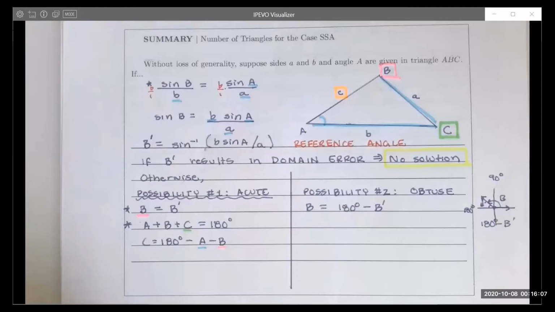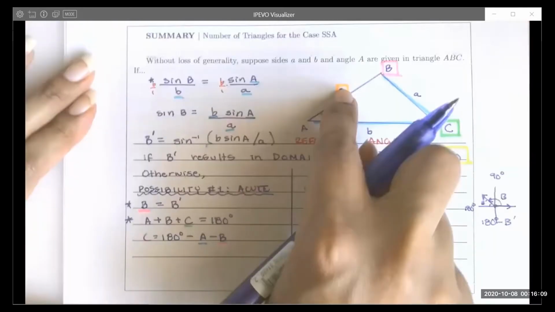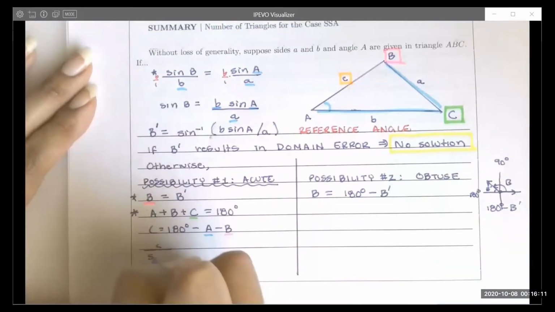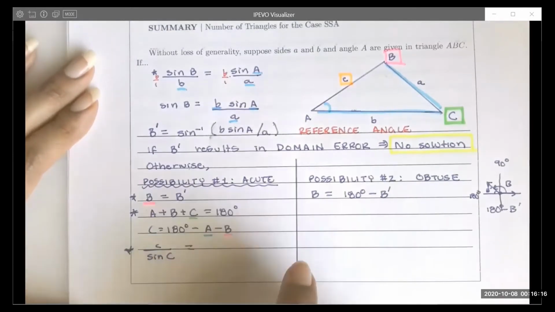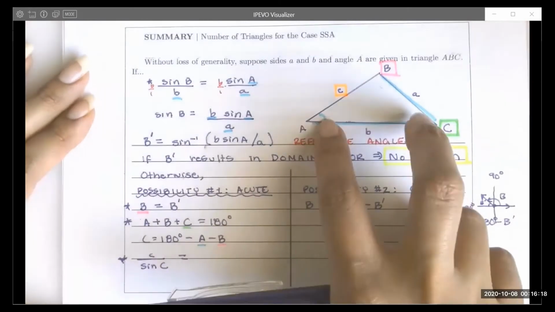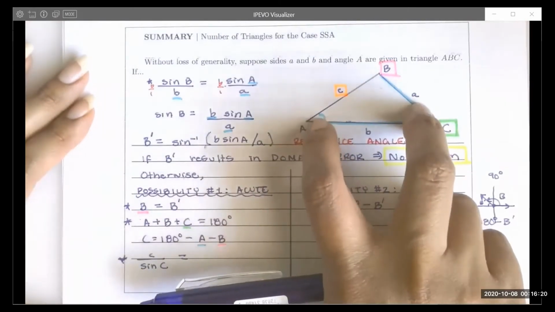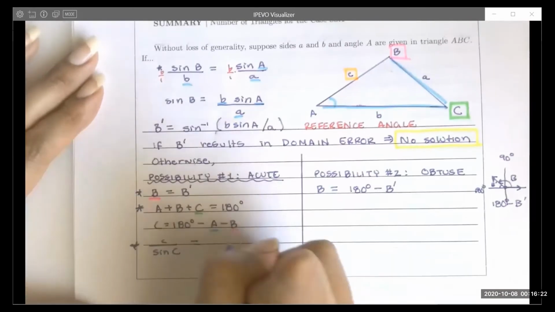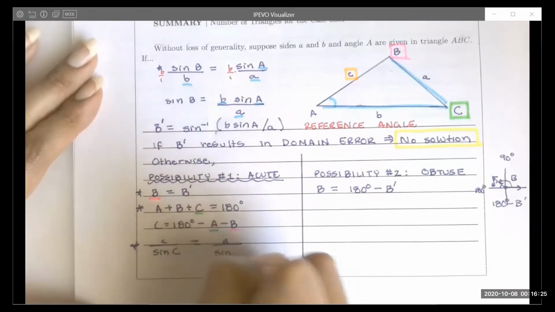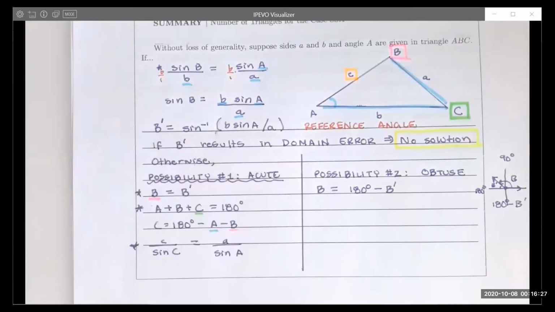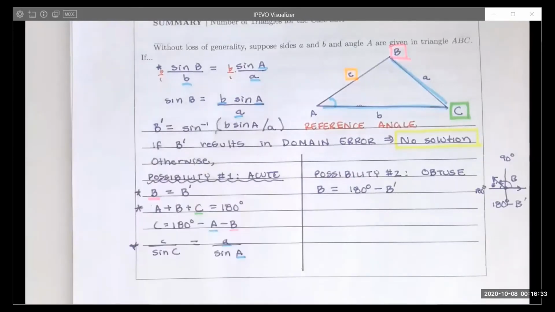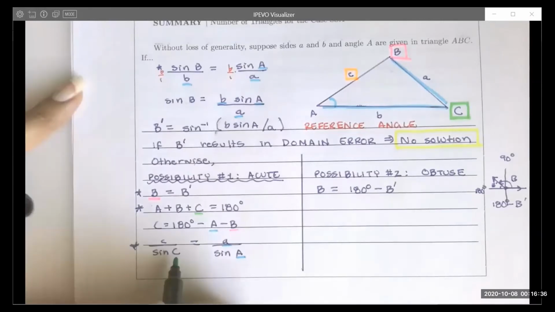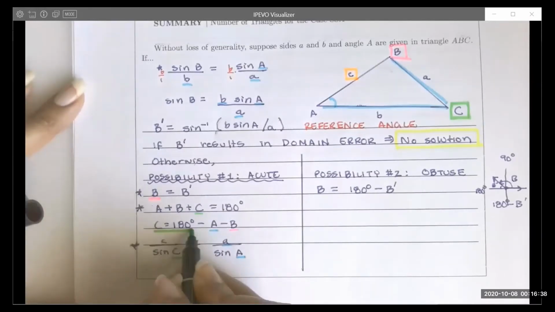We're going to use law of sines to help us find C. C over sine of angle C is going to be equal to the angle and side pair that they gave us, which was angle A with side A. So this could be A over sine of angle A, where these two are given, and angle C we just found from this expression.